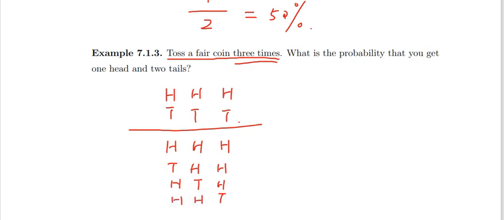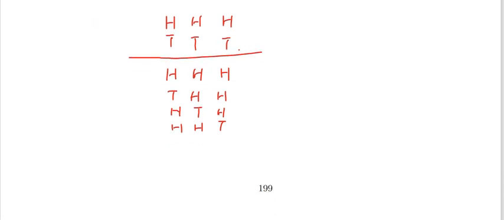Then we can have 2 T. So 2 T could be tail, tail, head. This means the first one tail, second one tail, third one head, just like that, right?